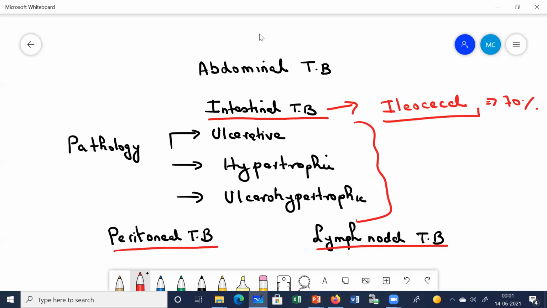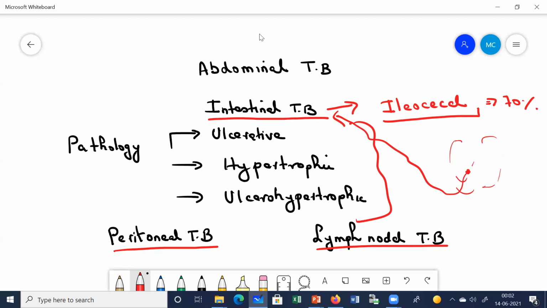Or suppose there is a primary focus in the lung, and later reactivation occurs, and from there hematogenous spread can occur to the intestines. Or it can spread directly from adjacent organs or through the lymph channels.